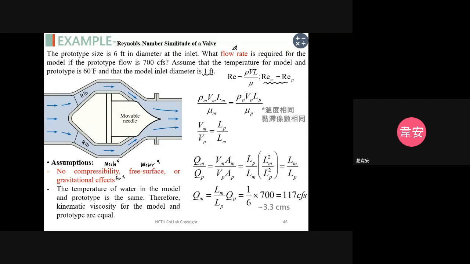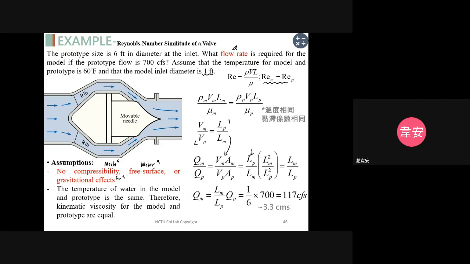So we just rewrite the equation. Balance is Qm divided by Qp is equal to VmAm divided by VpAp. From the Reynolds number equality, we can replace the velocity ratio by the length ratio here. And we know Am over Ap is equal to Lm squared divided by Lp squared.